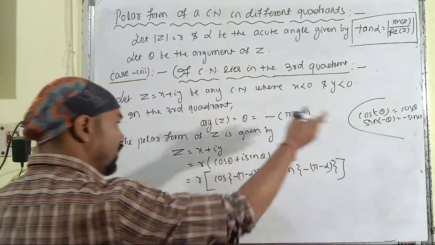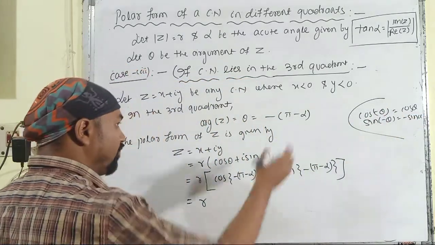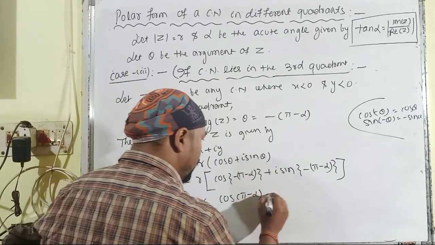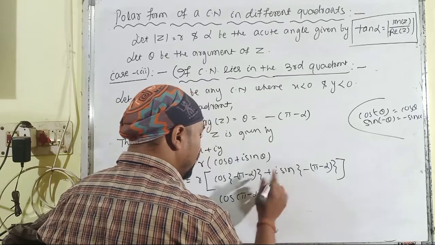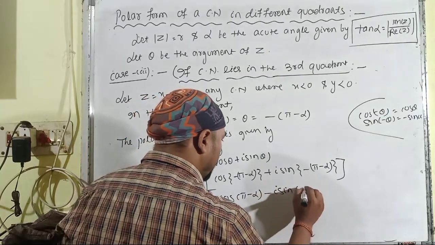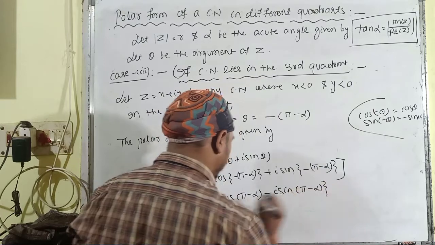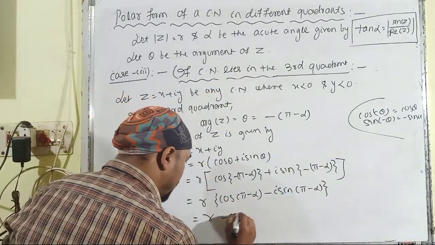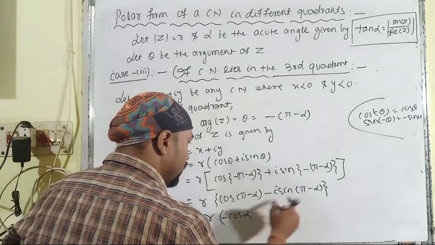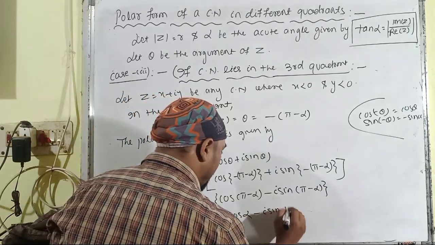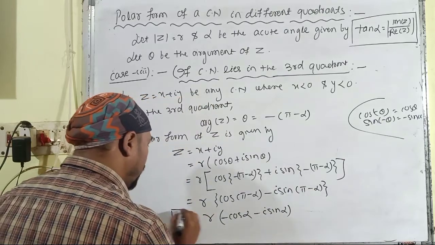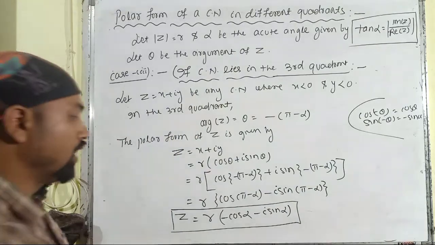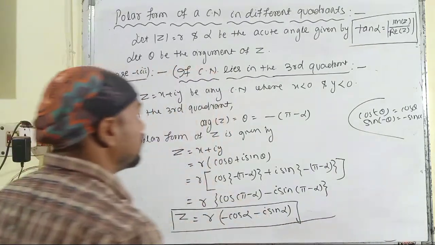Then cos(pi minus alpha) is minus cos alpha, so it is r (minus cos alpha minus i sin alpha), and this is the polar form of the complex number in the third quadrant.